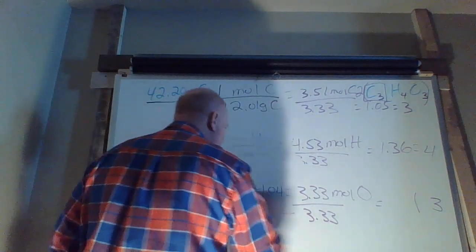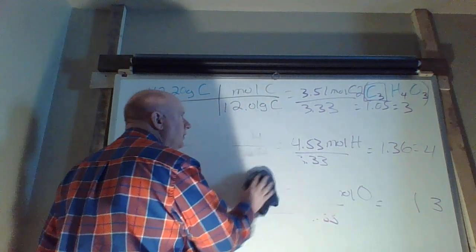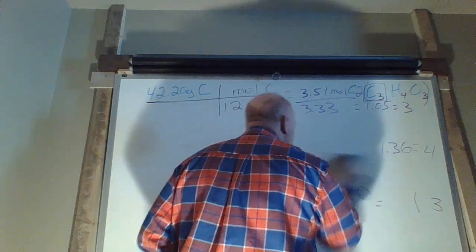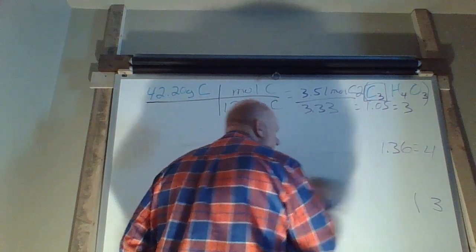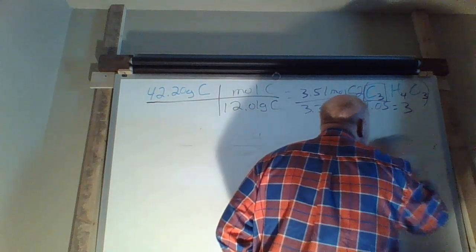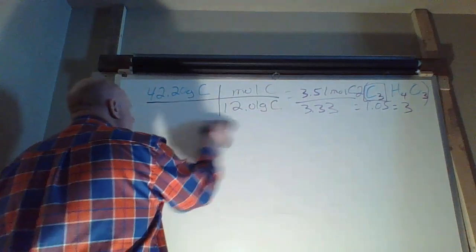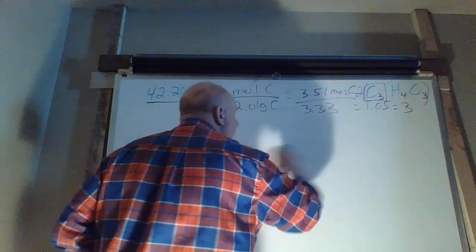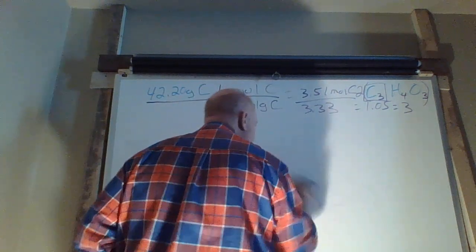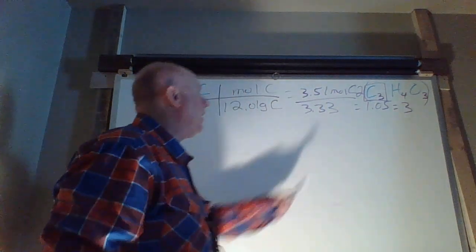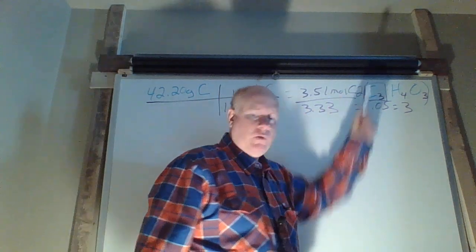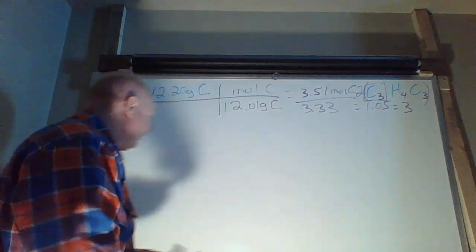Okay, so we can get rid of all of this. But here we've got to be careful because we're going to use the molecular formula for that. So we're not going to be using 3 because that 2 has to be distributed, so we'll be using 6.